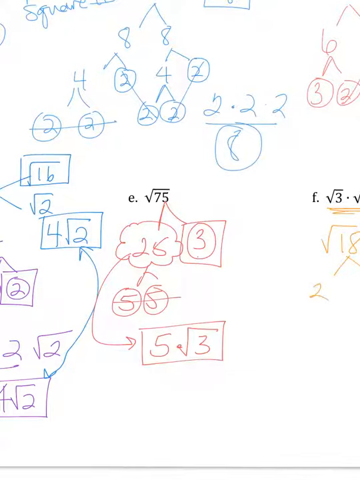I'm going to go with 2 times 9. 2 is a prime number here. Break down 9 to 3 times 3. I see my pairs of 3's are going to come out once, and then that leftover is going to go underneath the square root. So square root of 3 times the square root of 6 simplifies to 3 times the square root of 2.